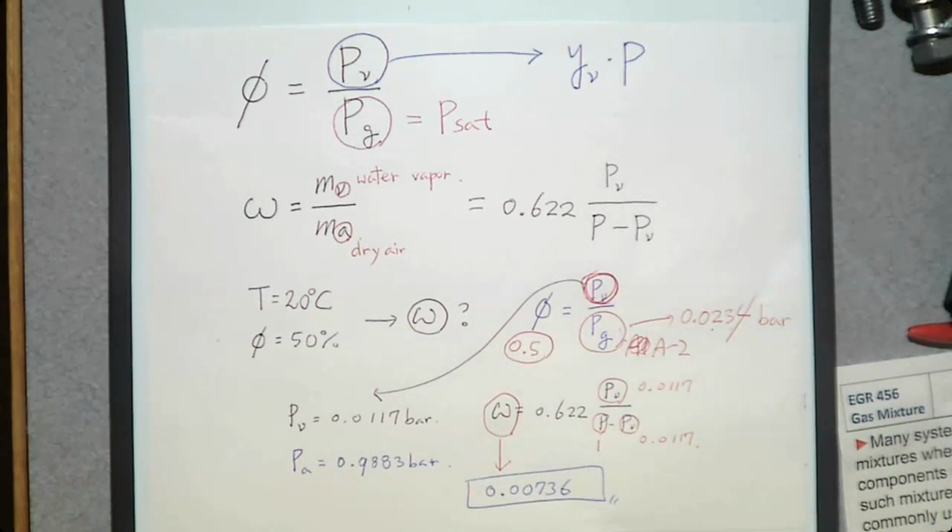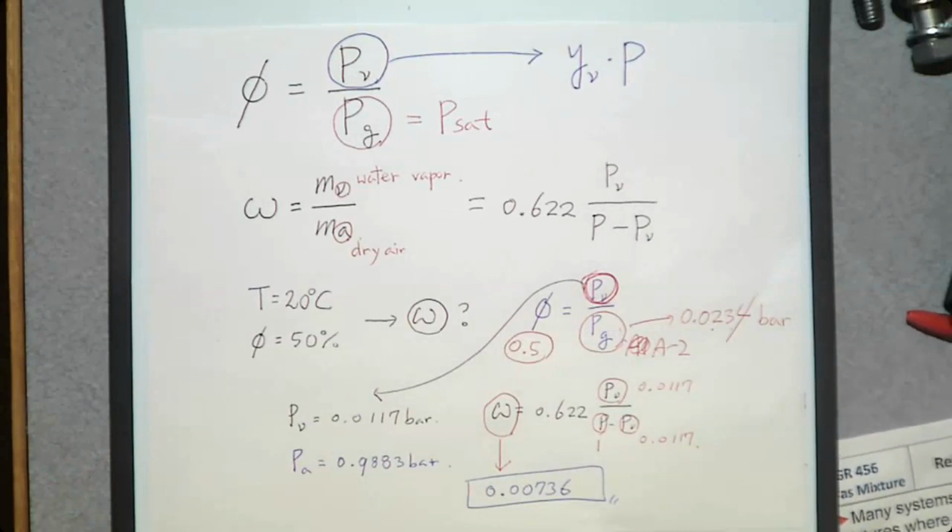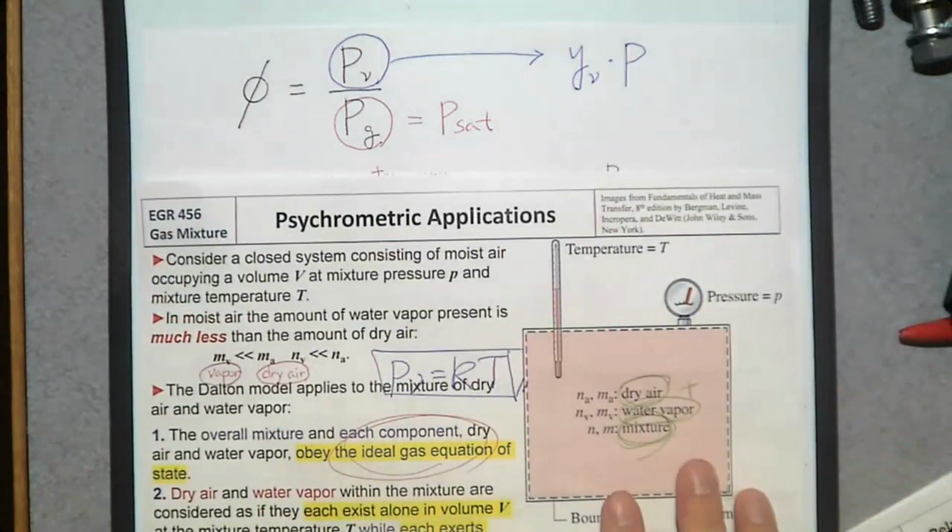And usually, our assumption, if you remember the first slide of this lecture, of the moist air, is that the mass of water vapor is extremely small compared to the mass of dry air.